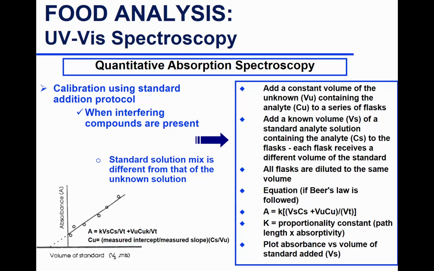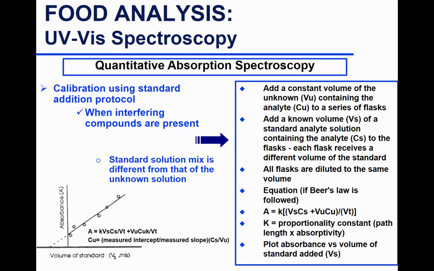Now this is a little bit complex, and I'll go over it as slowly as I can. If you have a complex sample matrix, you will not be able to prepare your standards in solutions that are exactly the same as your sample without your analyte.